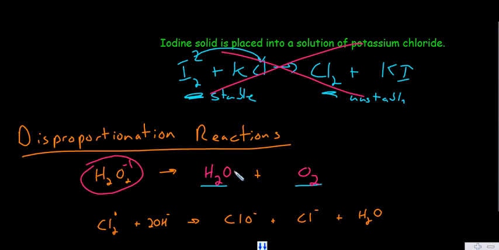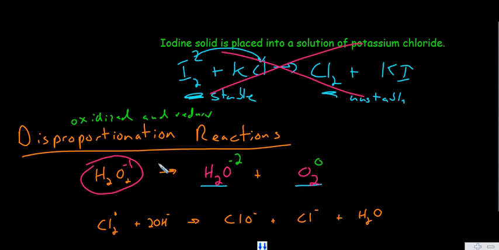Now, the oxidation numbers of oxygen here are either -2 or 0. In this case, oxygen is turning from -1 into -2. So one of the oxygens is being reduced, and another one is being oxidized. Disproportionation means that an element is being both oxidized and reduced.